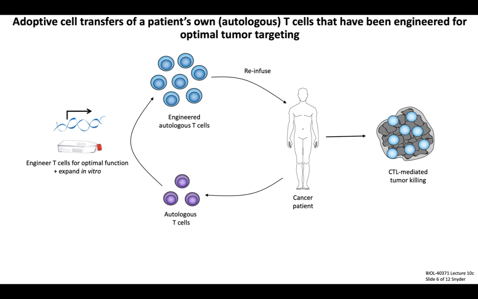Here, you instead isolate circulating T cells from a cancer patient and then manipulate them in vitro, or you engineer them to either express or knock out any of a number of possible targets. Once these cells are successfully modified, they are expanded to high numbers using in vitro cell culture and then reinfused back into the patient. Again, because these cells originated in the same patient that they eventually go back into, they are referred to as autologous engineered T cells.